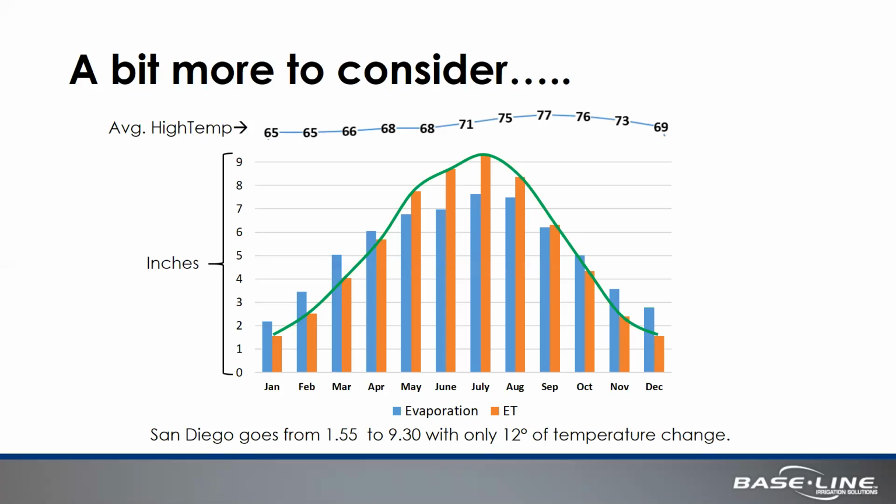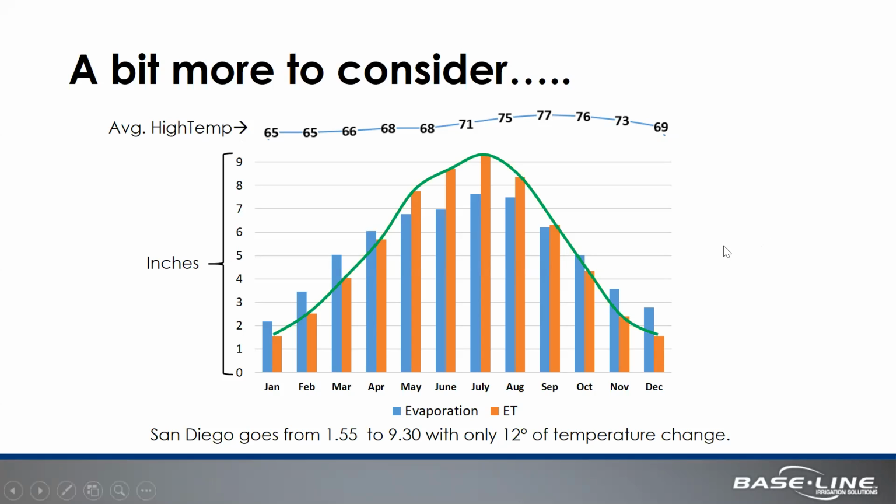So if we look at this historical ET curve from San Diego, the evapotranspiration rate goes from 1.55 to 9.3 with only 12 degrees of temperature change throughout the season. So we got a drastic change in water requirement without a whole lot of temperature change, especially if we look at daytime versus nighttime temperature changes.